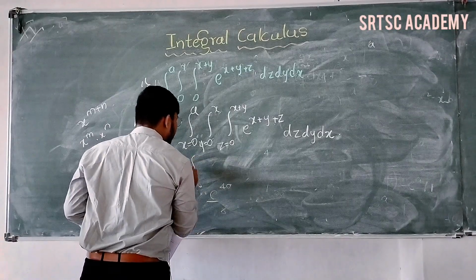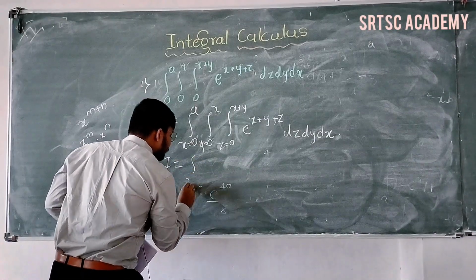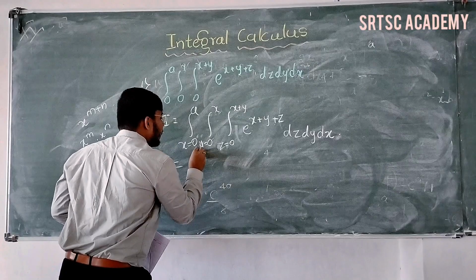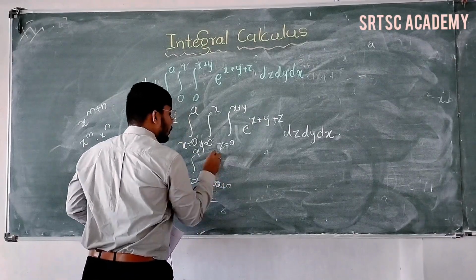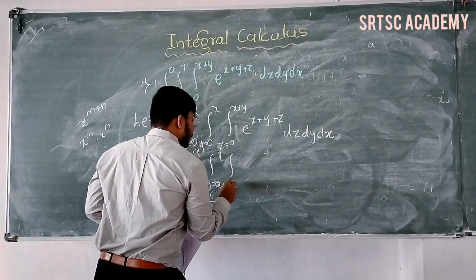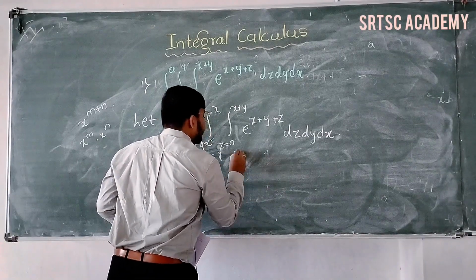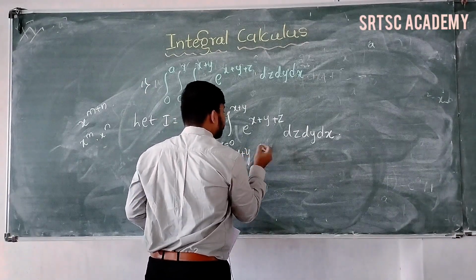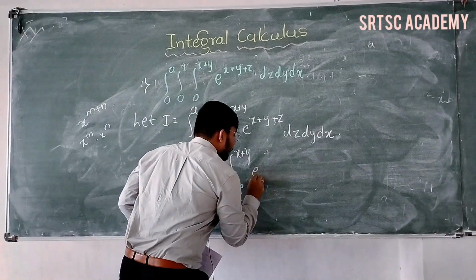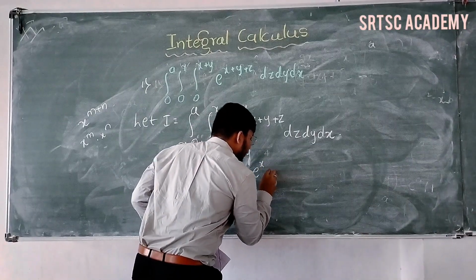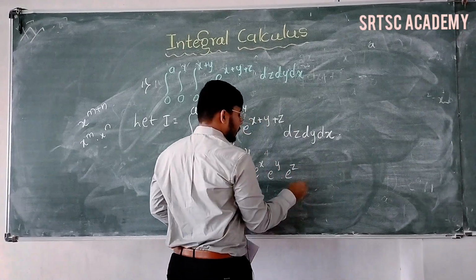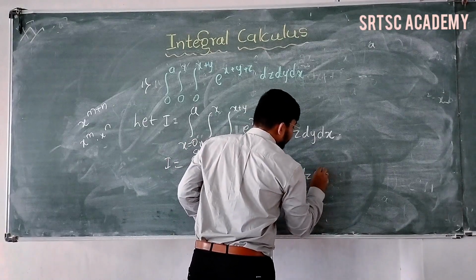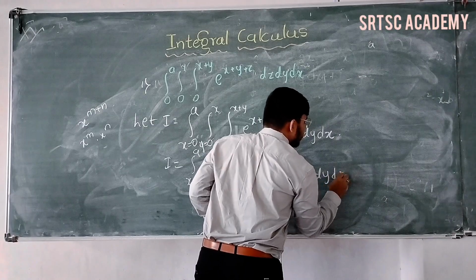So it becomes I equals to x varies from 0 to a, y varies from 0 to x, and z varies from 0 to x plus y. E to the power x into e to the power y into e to the power z dz dy dx.